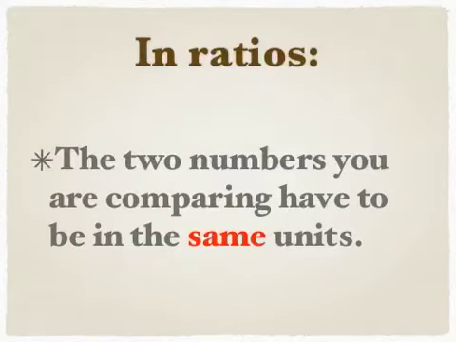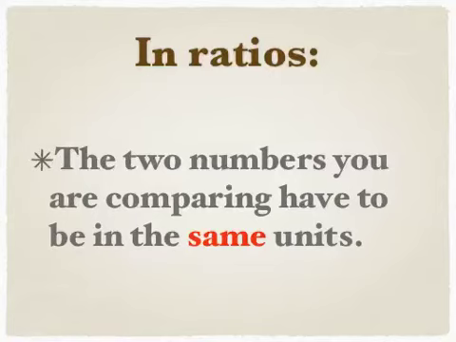In ratios, the two numbers you are comparing have to be in the same units. What I'm talking about when I say units is feet and inches, maybe yards, meters, centimeters. It could even be minutes, seconds, hours.